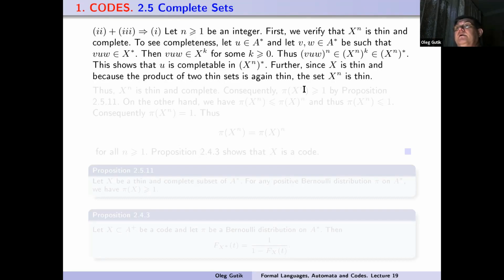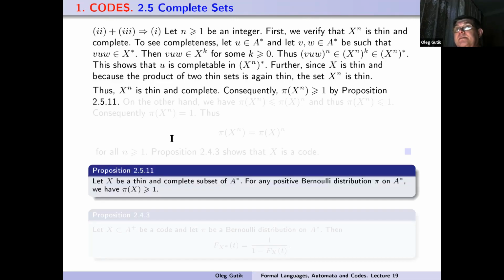n. However, since X is a thin code, and because the product of two thin sets is again thin, we get that the set X to the power n is thin. Therefore, X to the power n is thin and complete. Consequently, π of X to the power n is greater or equal to 1 by Proposition 2.5.11.